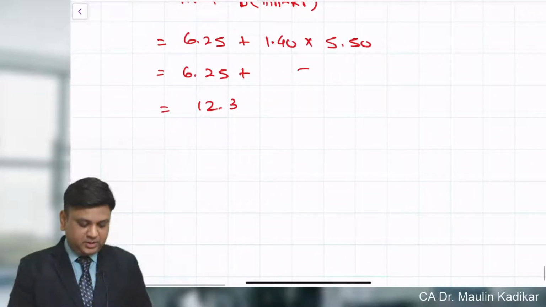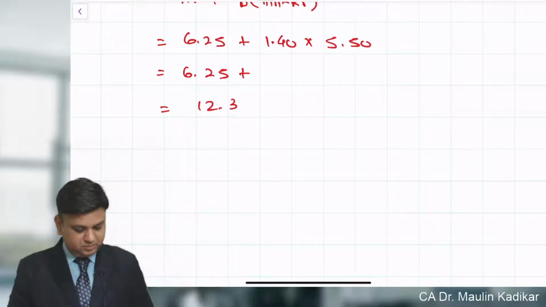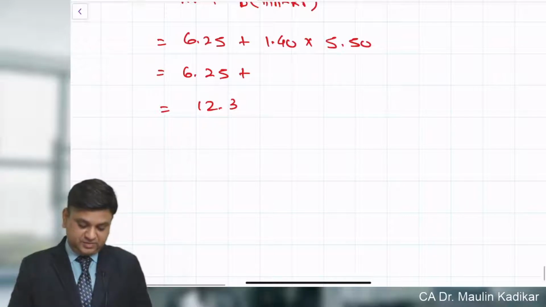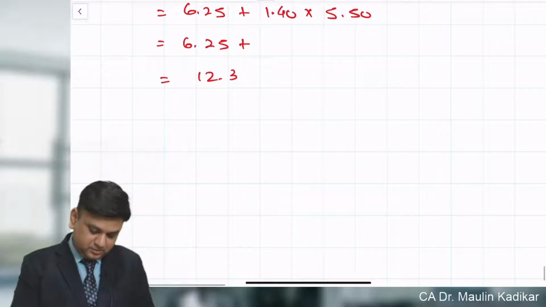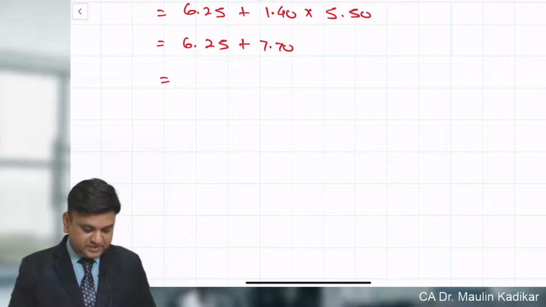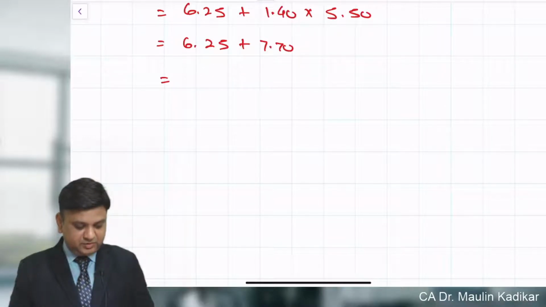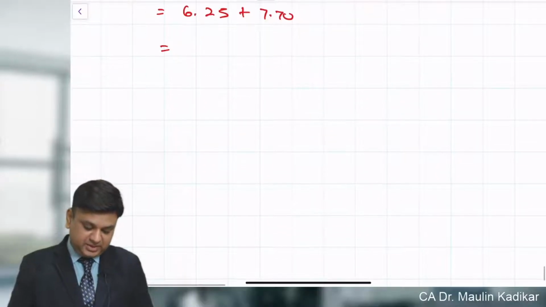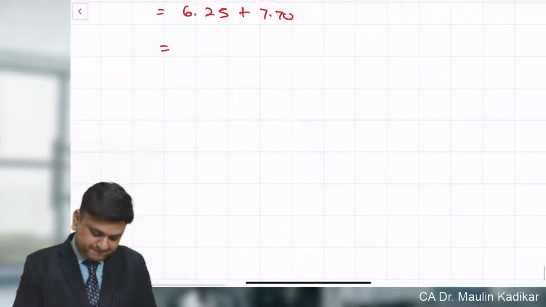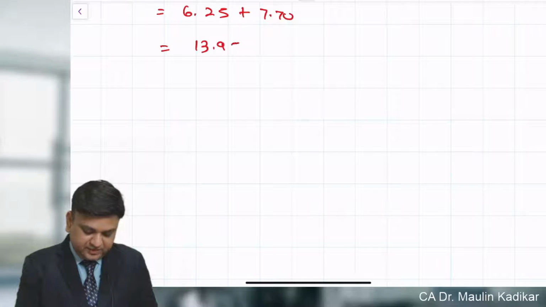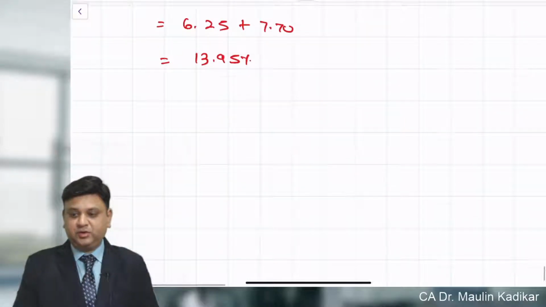So 1.4 into 5.5, that comes to 7.7. So 7.7 plus 6.25 is 13.95. So 13.95% will be the discounting factor which we are going to use.